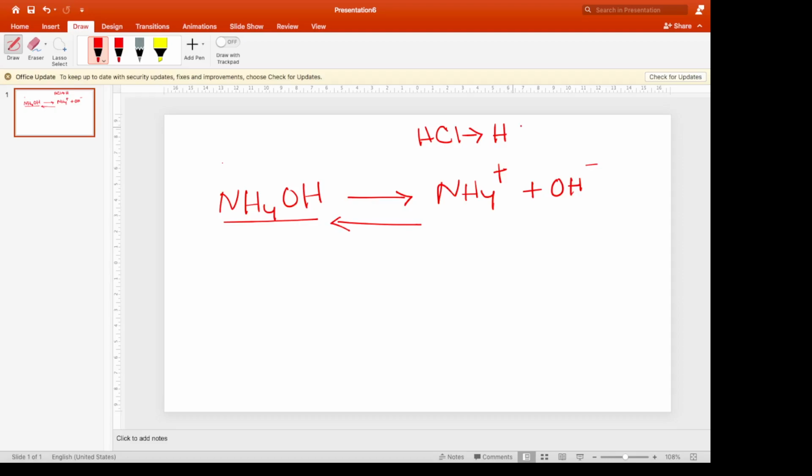Okay, so now if you are adding base from the external sources, the base will donate OH group, right?